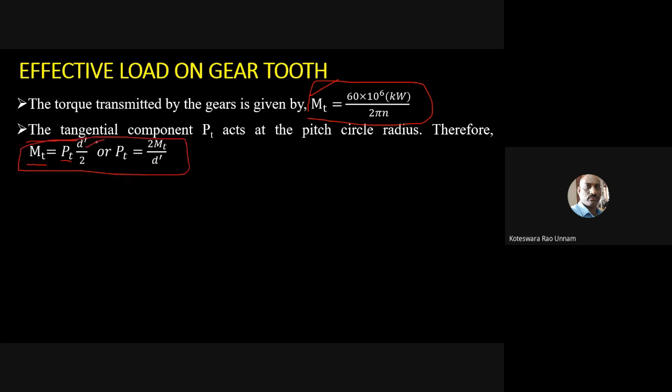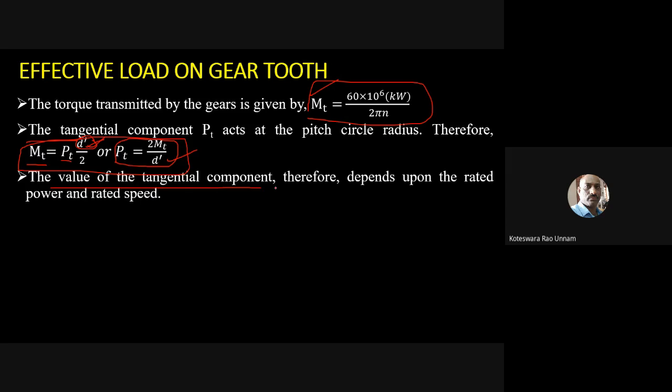D dash is the pitch circle diameter. So here this D dash is nothing but the pitch circle diameter of your virtual spur gear, not the actual pitch circle diameter of the helical gear. You have to use the virtual pitch circle diameter of your virtual spur gear. Therefore PT is nothing but 2MT by D dash. So I got the PT value.